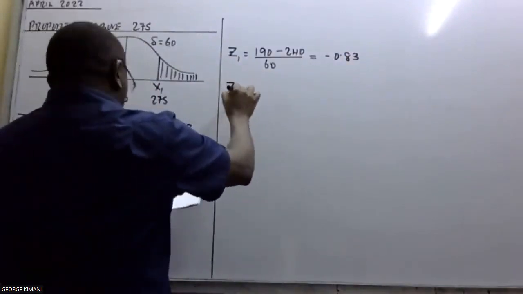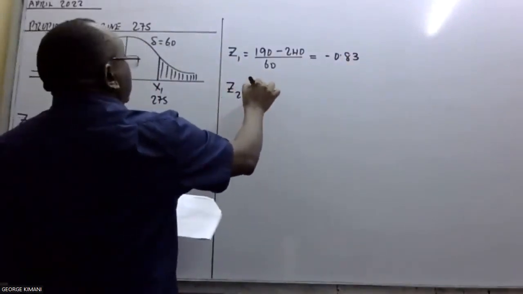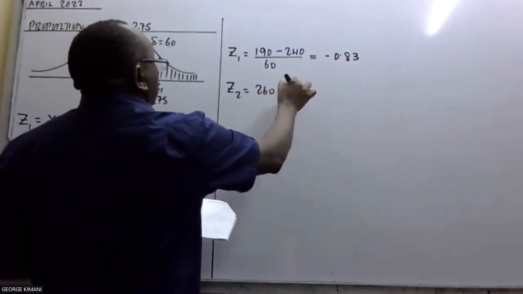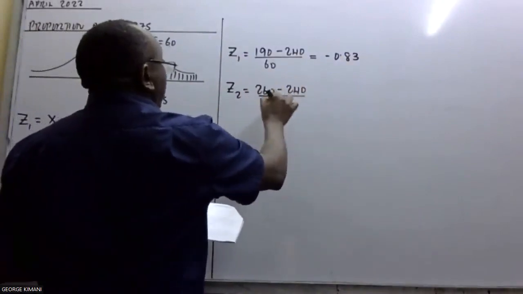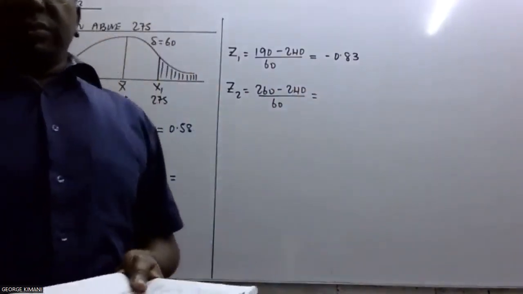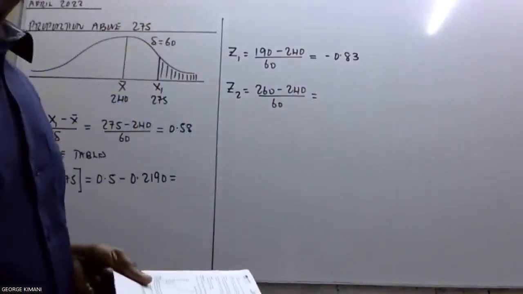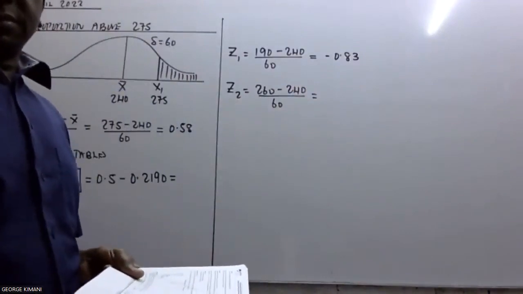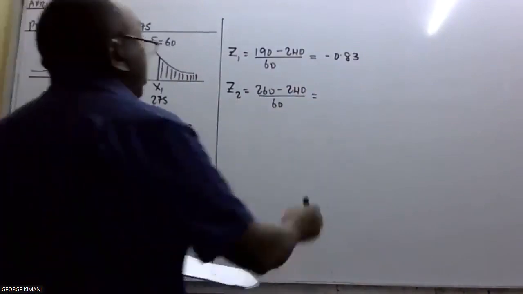Z2, you should have gotten it as 260 less 240, you divide by 60. What did you get there? 0.33.